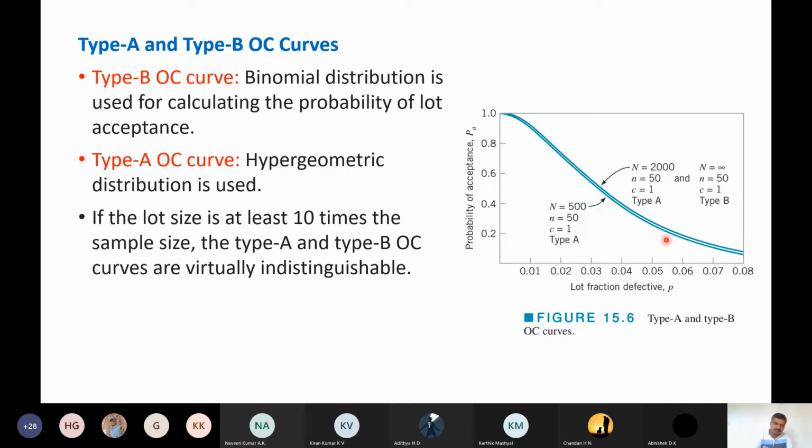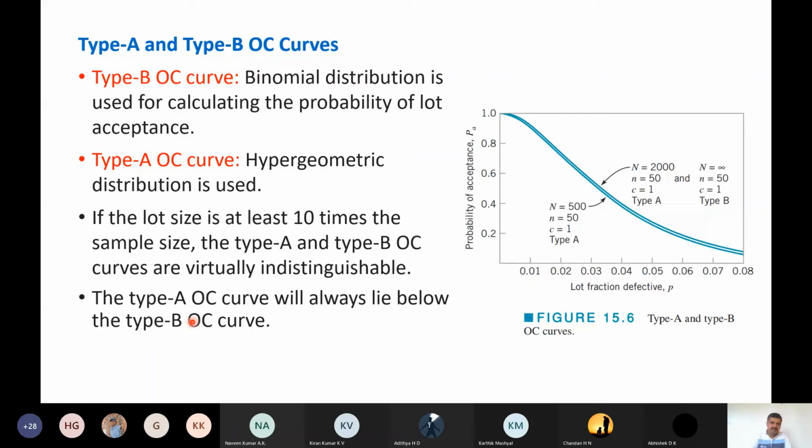The type A OC curve will always lie below the type B OC curve. This is applicable when the lot size N is about 5-6 times the sample size, then you can find this difference. When there is a difference, the type A curve will always lie below type B.